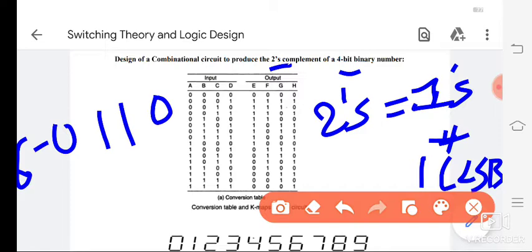That is one method. Otherwise, subtracting the number from 1s is another method.